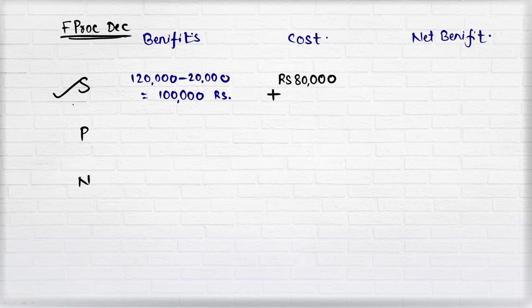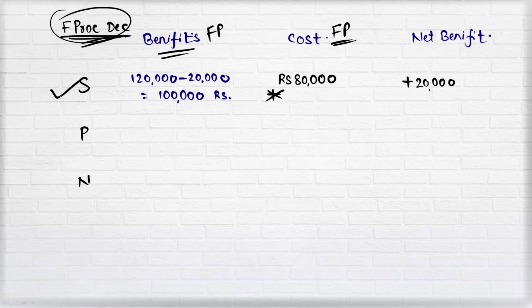Exactly. It is a cost, but it is an irrelevant cost for this decision making, right? We are taking only the further processing decision. Benefits of further processing should be considered and cost of further processing should also be considered. Net benefit will be positive 20,000. I should further process S.